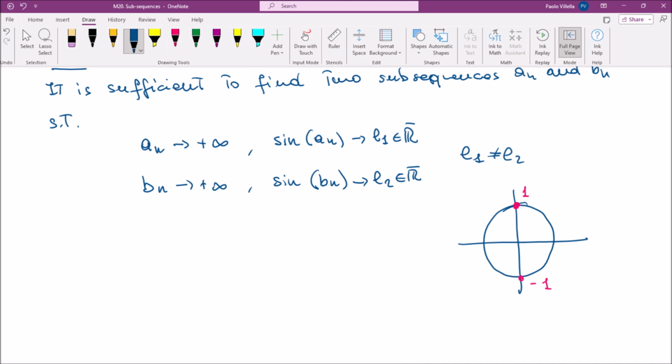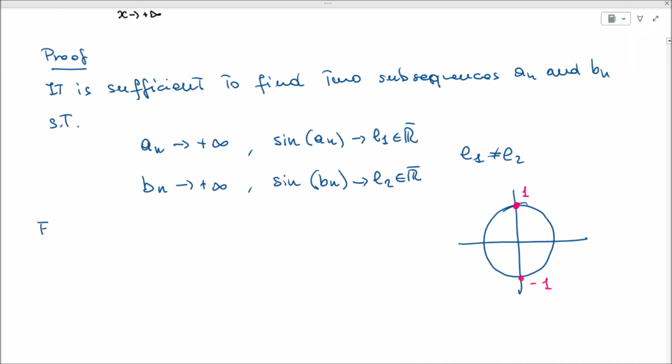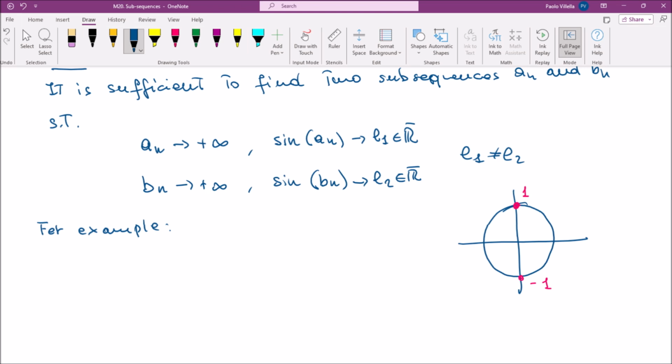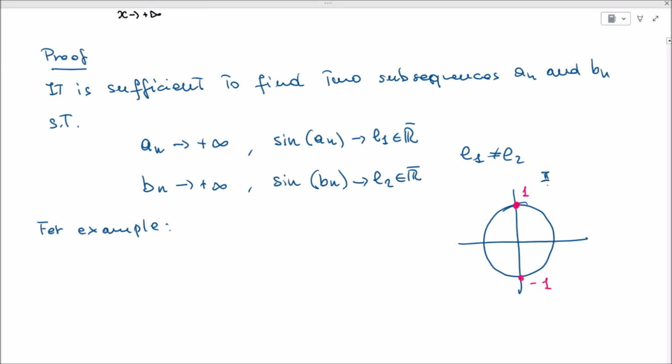Well, for example, if we are looking for a sequence that provides a sine always equal to 1, clearly we are looking at pi over 2, and then we'll have 5 pi over 2 or 9 pi over 2, this sequence.